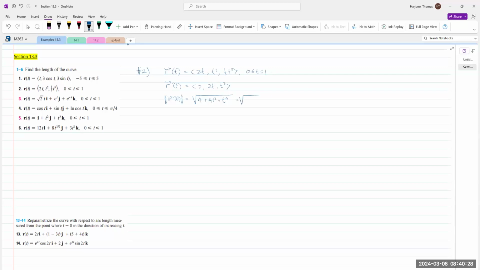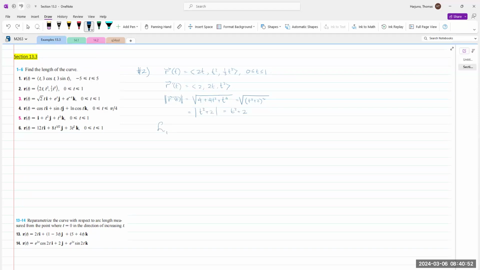But this is equal to the square root of (t squared plus 2) squared. So this is supposed to be the absolute value of t squared plus 2, but t squared plus 2 is positive anyway, so we can safely simplify this way.